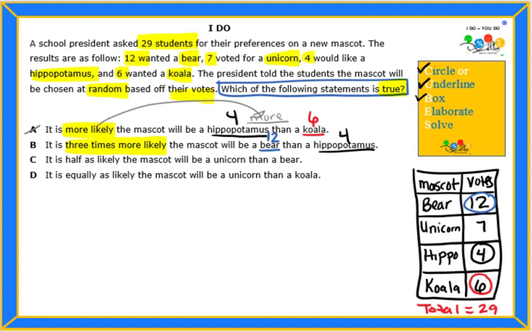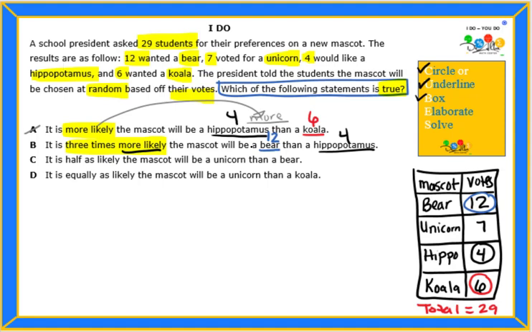Okay, so for this one, the first thing I like to do, because it can get a little confusing sometimes, but we do have the part that says more likely. So I do want to put that in here when I'm looking at it. Is 12 more likely than 4? First and foremost, we're going to see if that part is correct. Is 12 more likely than 4? Yes. We have answered yes.